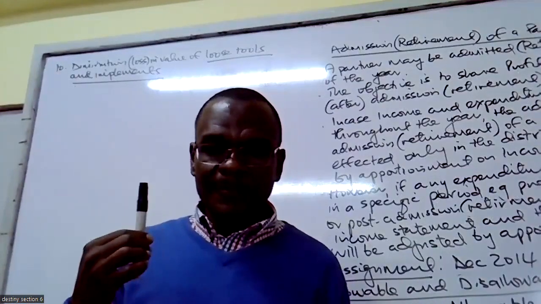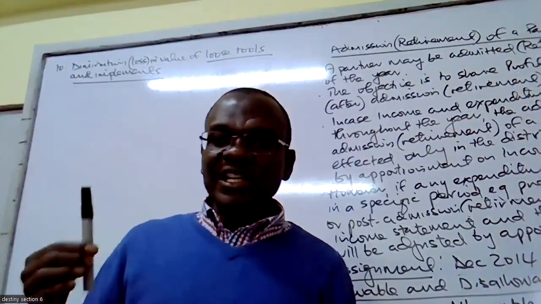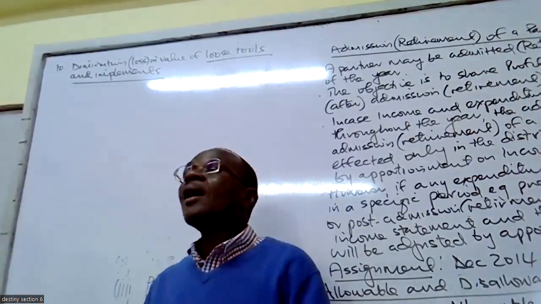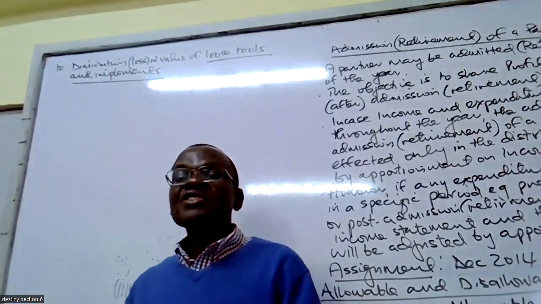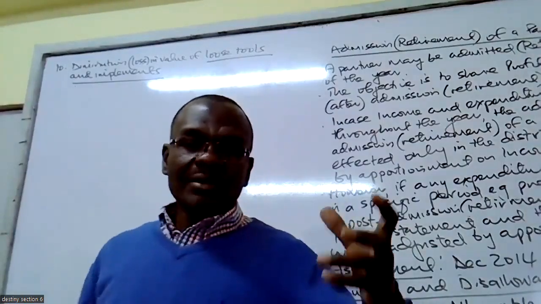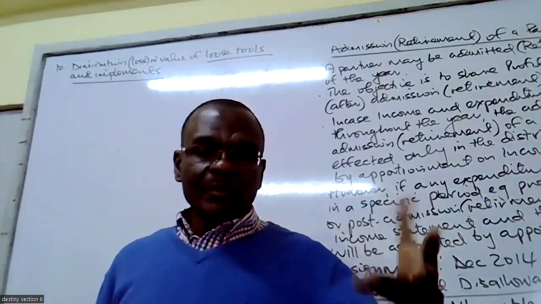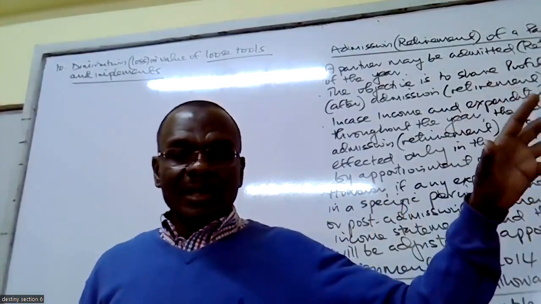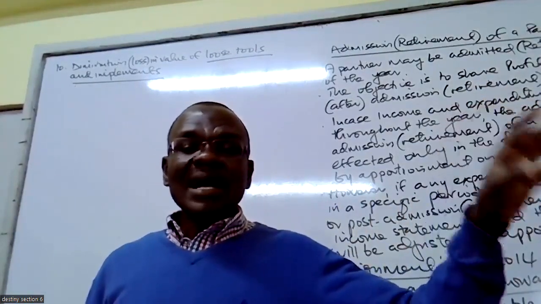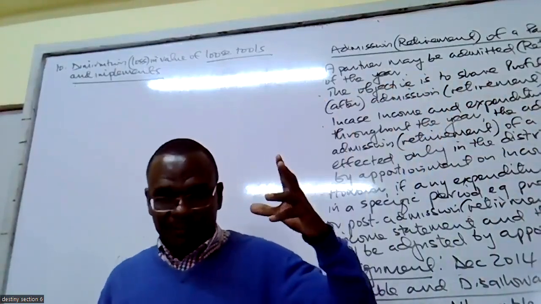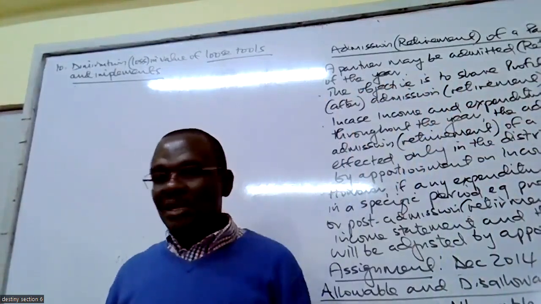For example, EABL may make contributions to Kenya Agricultural Research Institute, KARI, and if KARI researches on barley or wheat products, KBL or EABL uses barley and wheat in production of beer. So the research is related.